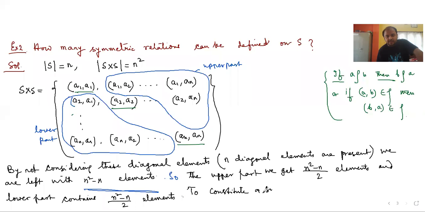So to constitute a symmetric relation, we must consider these n square minus n by 2 elements first.